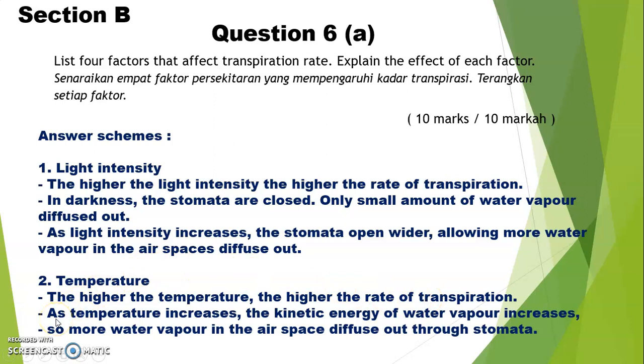Then you have to explain: as temperature increases, the kinetic energy of water vapor increases. Why? Because temperature increases, so more water vapor in the air space diffuses out through the stomata. That is the explanation for the second factor.